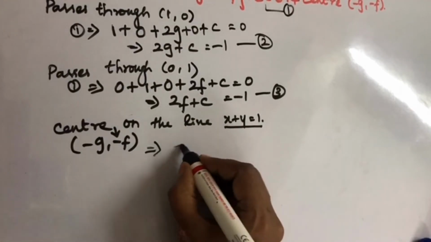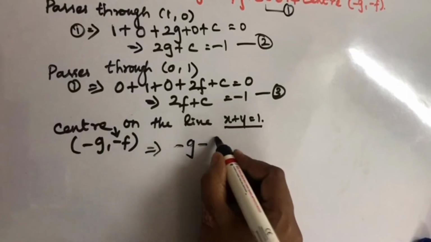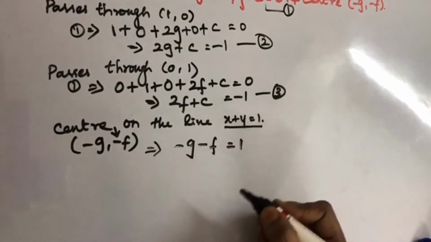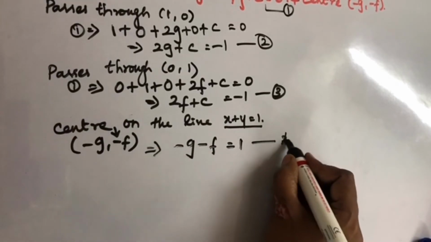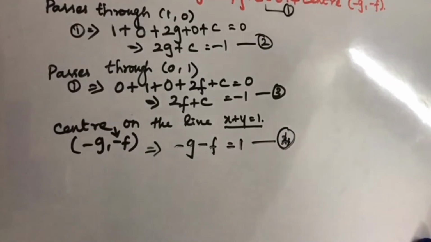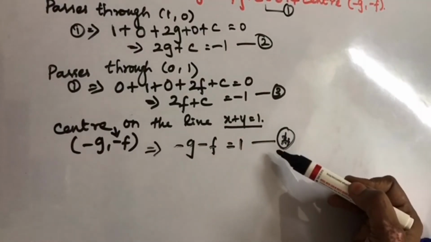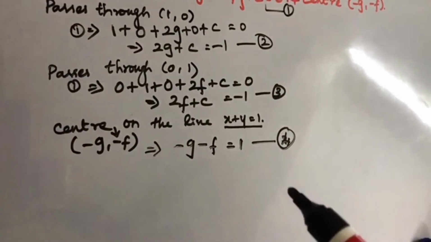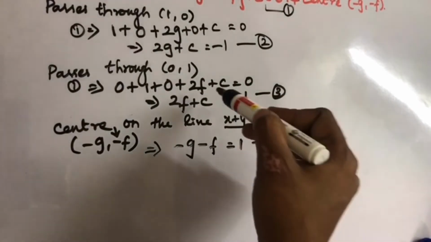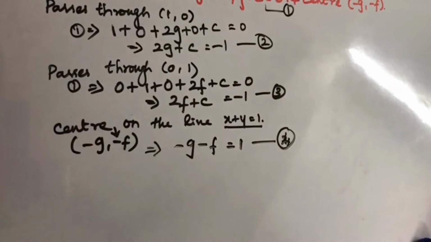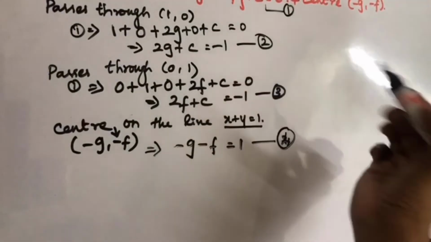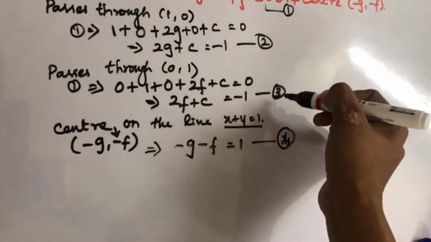So minus g minus f is equal to 1, and it is our equation 4. Now we have to solve these equations and find the values for g, f and c. So first, shall we solve these 2?